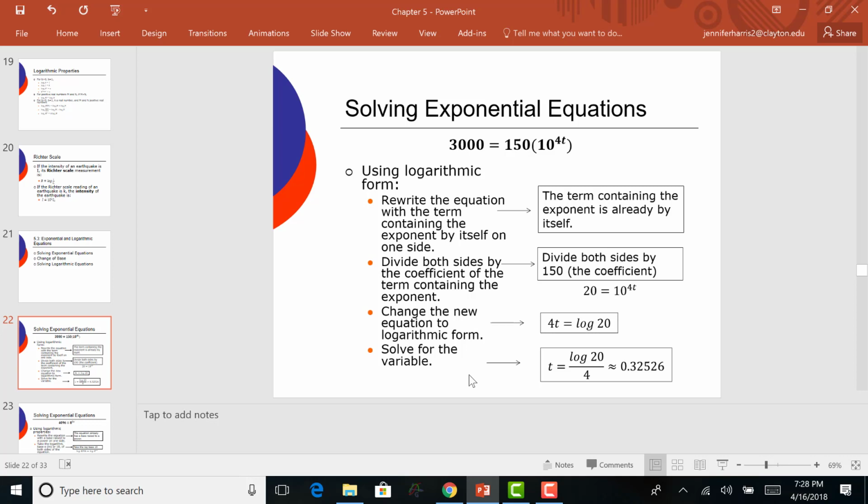Step two is... whatever A is. Remember A, B, and K? What's A? 150. You're looking at me like, what in the world is A? No, this is the format of an exponential equation. Oh, yeah, that's A, B, and K. That's right. So if it has an A value, then you divide by whatever A is on both sides. If it doesn't, skip to the circle method.